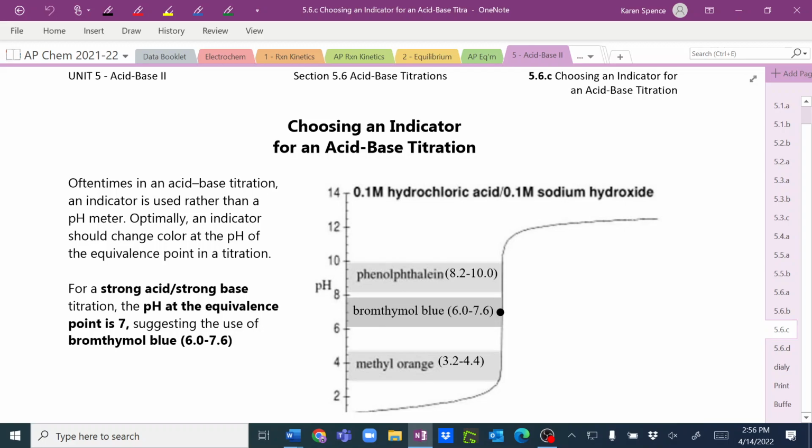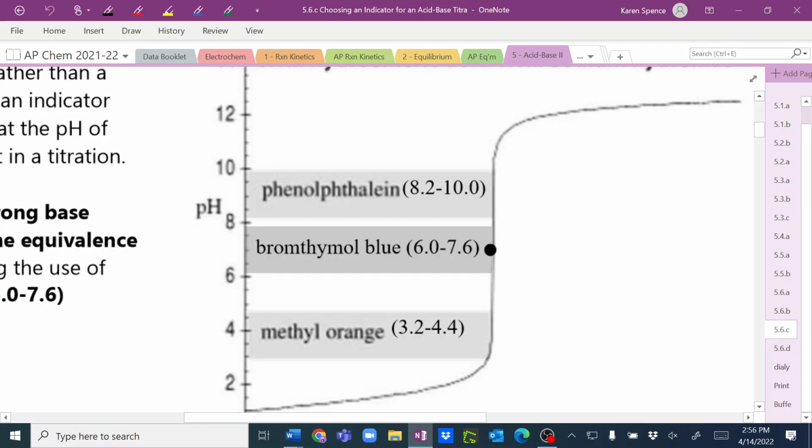So for a strong acid, strong base titration, the pH at the equivalence point is 7, which would suggest that we use bromthymol blue, which changes color from pH 6 to pH 7.6. Now, you'll notice when we did our titrations, we did not use bromthymol blue. What did we use? We used phenolphthalein.